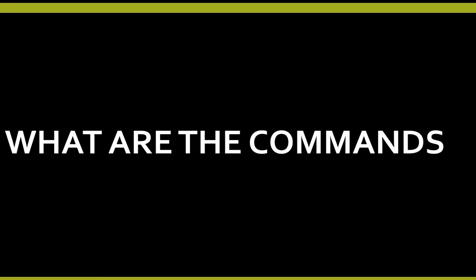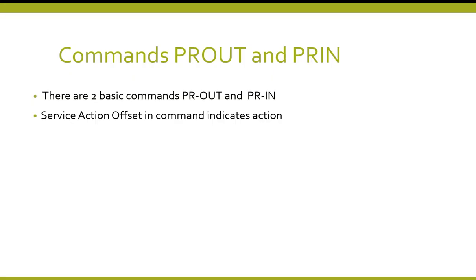So what are the commands that are used with persistent reservations? There are two basic types: PROUT and PRIN. With PROUT, we send a command to the target LUN to reserve, preempt, which we'll get into, release, or register. And PRIN is when we want to get information from the LUN, like reading the keys or reading all the registration keys, for example.